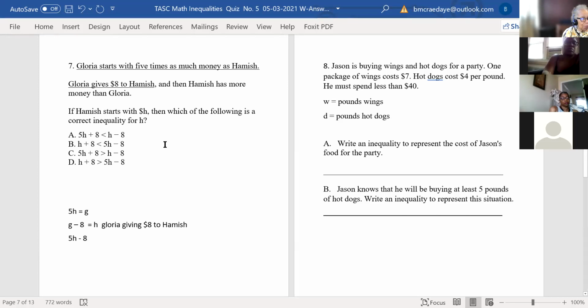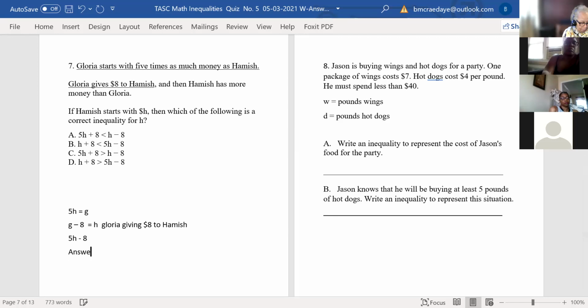Oh, D. Because it said Hamish should have more than, right? So Hamish gained $8 from Gloria, and that made him have more than what Gloria had left, which is 5H minus 8. So your answer is D.